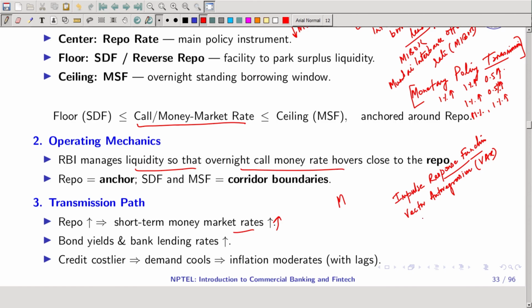What is the purpose here? We are trying to read how the interest rate is determined by inflation, exchange rate, or suppose the US interest rate and some other variable, exports for example.